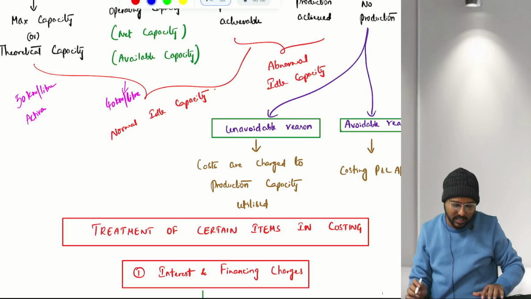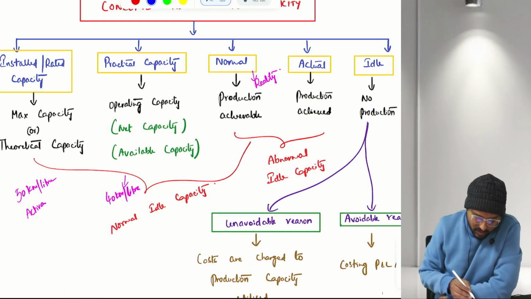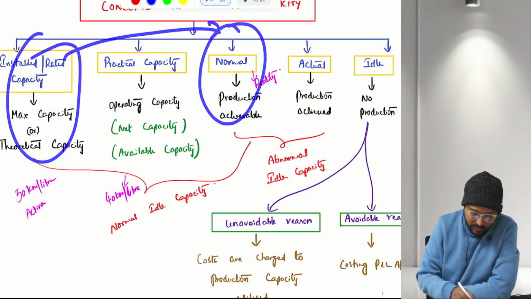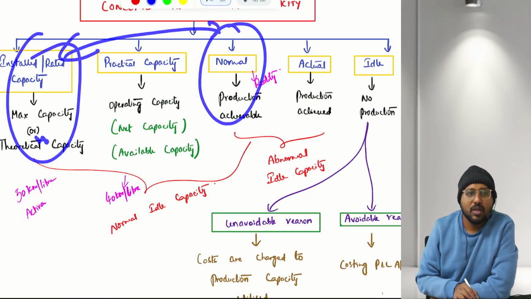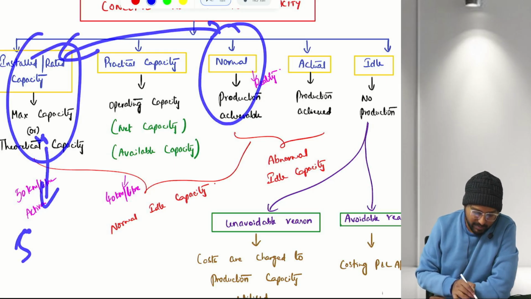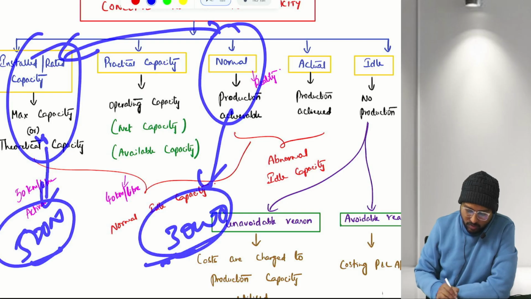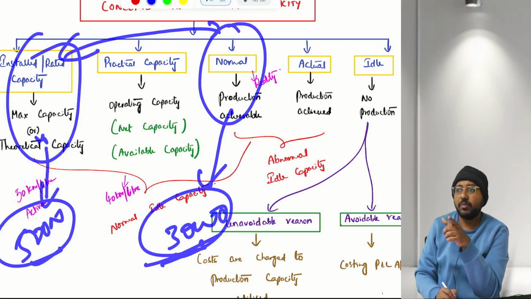For example, let's say, see here. Difference between these two. Okay? Let's say installed capacity is 50,000 units. Let's say normal capacity is 30,000 units. I already told you what is normal capacity. What is normal capacity?